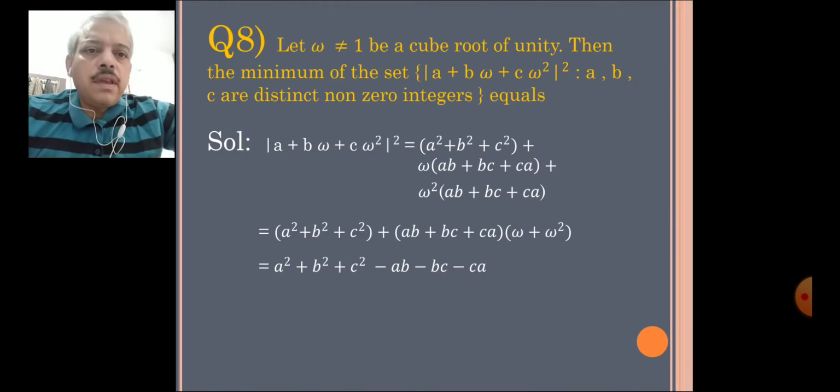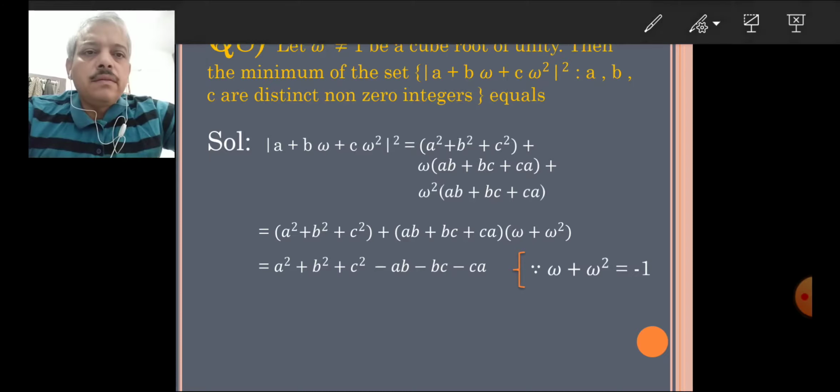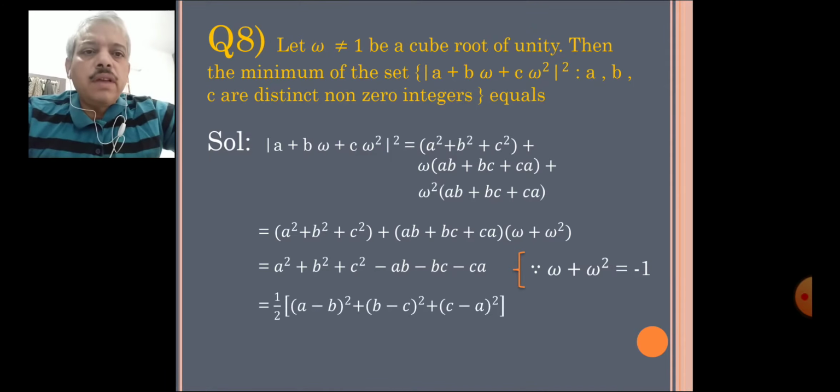Now we can take the half common and multiplying by 2 and simplifying further, we will get that it will be equal to half a minus b whole square plus b minus c whole square plus c minus a whole square. Half taken outside and multiplied by 2 inside, and then making the perfect squares, we will get this expression.